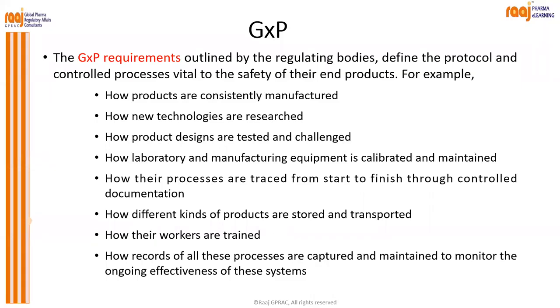Whenever you are in business, you have to think about advanced research, advanced technology, how your product designs are tested and challenged, how the laboratory and the manufacturing equipment is calibrated and maintained, and how their processes are traced from start to finish through controlled documentation.